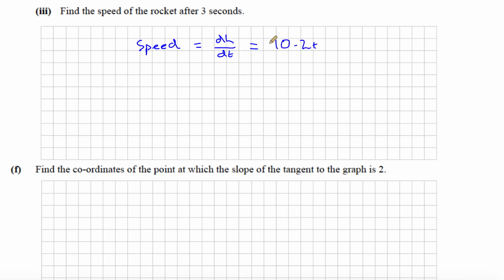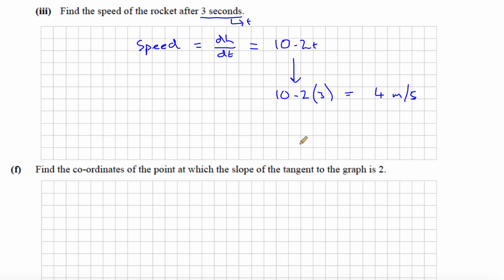So they want to know what this is after 3 seconds. So that's our t value. So we're going to put 3 in for t here. So we get 10 minus 2 times 3, and that's equal to 10 minus 6. So that's 4. And it's going to be meters per second because the units for the height were meters and the time was seconds. So 4 meters per second.